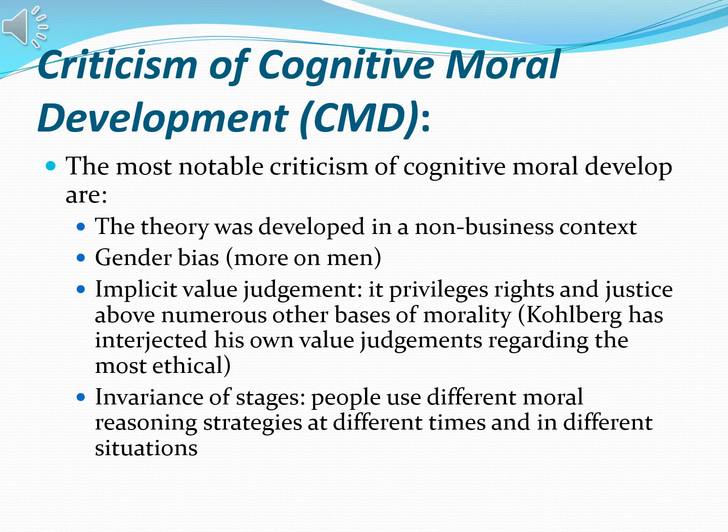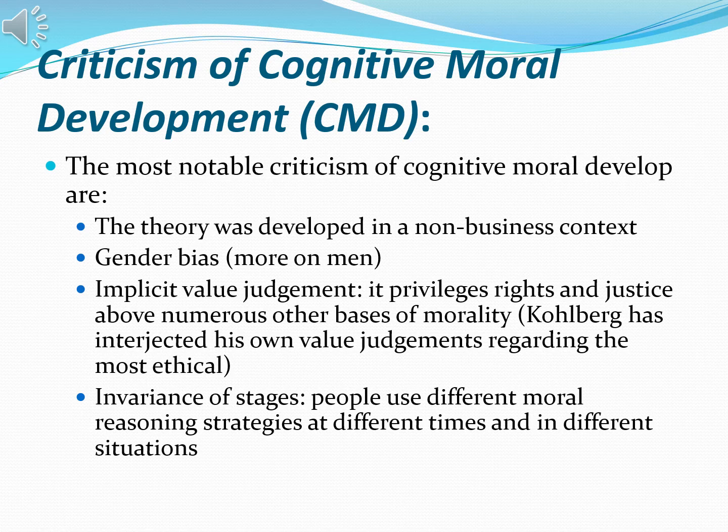Invariance of stages: people use different moral reasoning strategies at different times and in different situations. So you cannot divide things into different stages, because people can use different stages at different times and in different situations. And it is mostly for men, not for women, and plus it is done in a non-business context. There is not much related to business decisions.